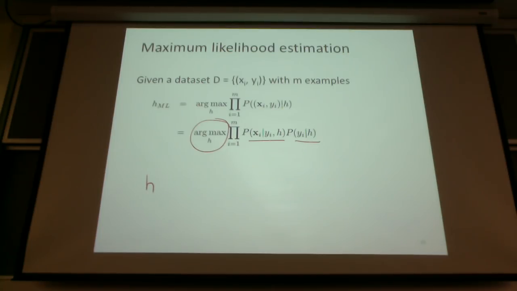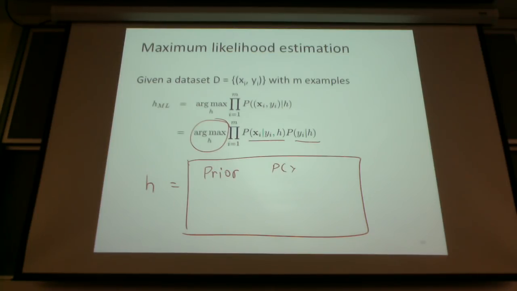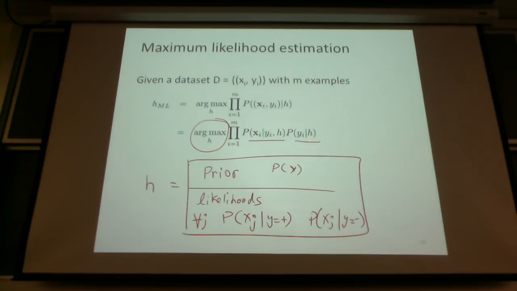The way to think about H at this point is that it is a box that contains the prior, which is P of y up front, and the likelihood, which is P of xj conditioned on y equals plus, and P of xj conditioned on y equals minus, for every feature j.